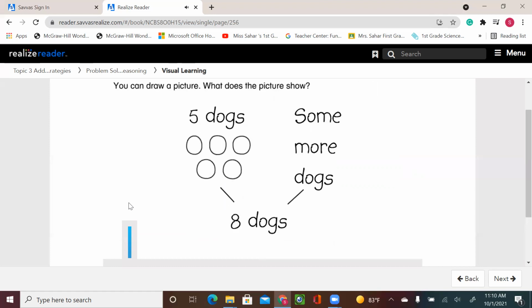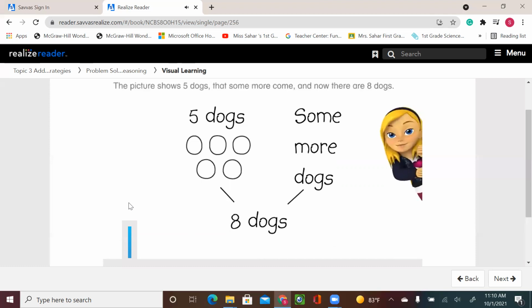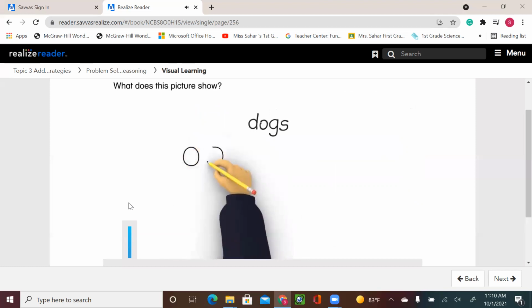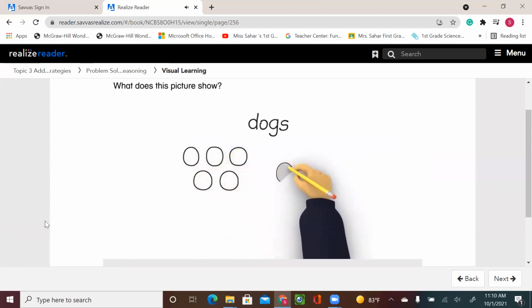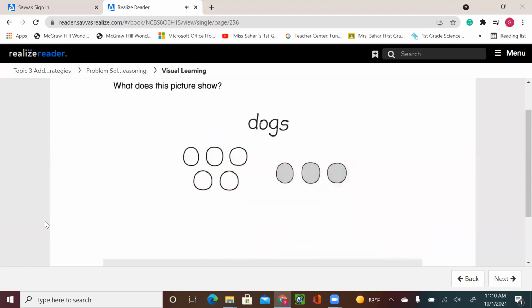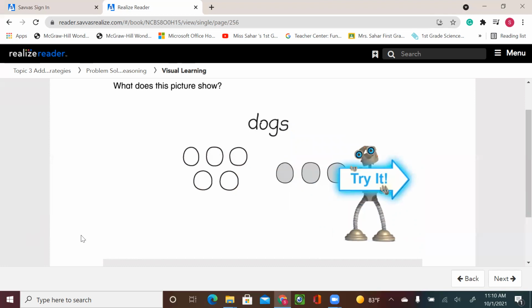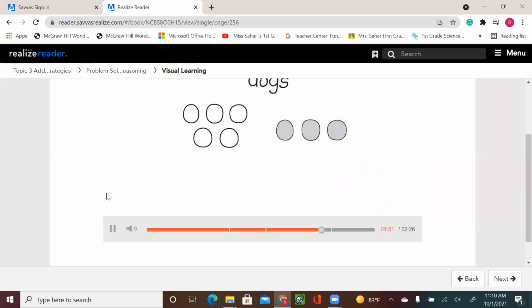What does the picture show? The picture shows 5 dogs, that some more come, and now there are 8 dogs. What does this picture show? All right, it says 5 and 3 more.